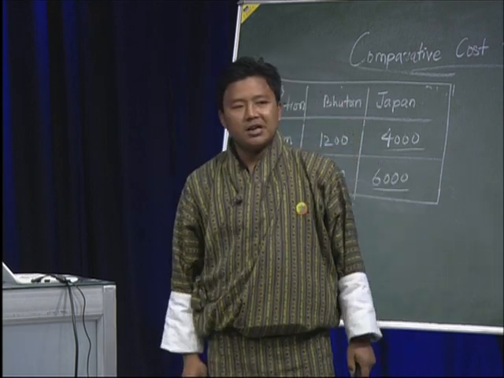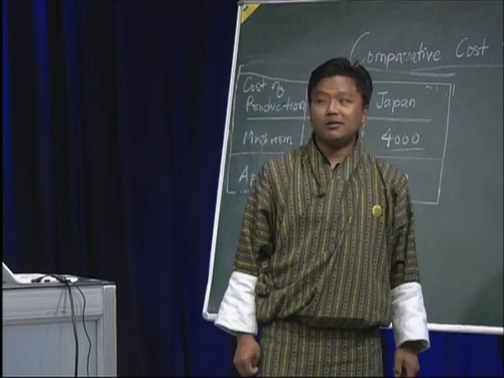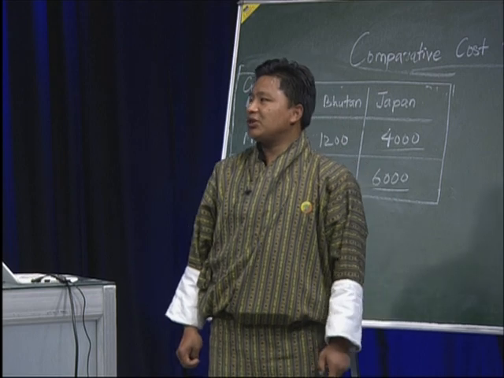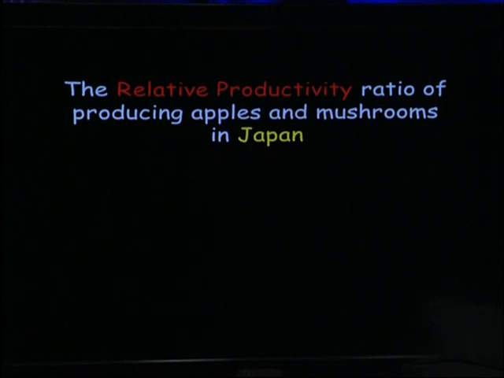Now, let us calculate for Japan as well, the relative productivity ratio of producing apple and mushroom in Japan.